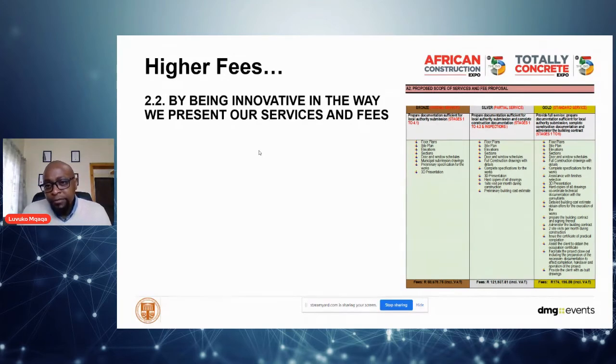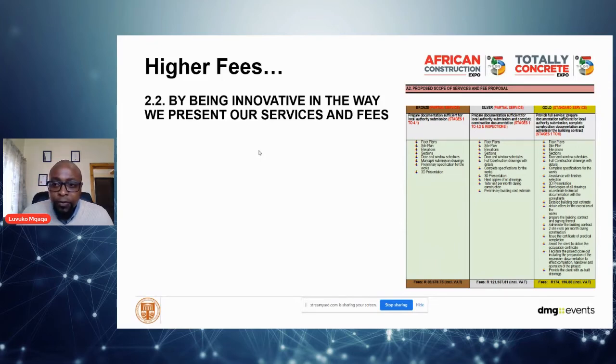So we found that we have 3 types of clients, which we've tried to categorize according to the SACAP complexity, the type of complexity of projects. And so we have low complexity, medium, and high complexity.